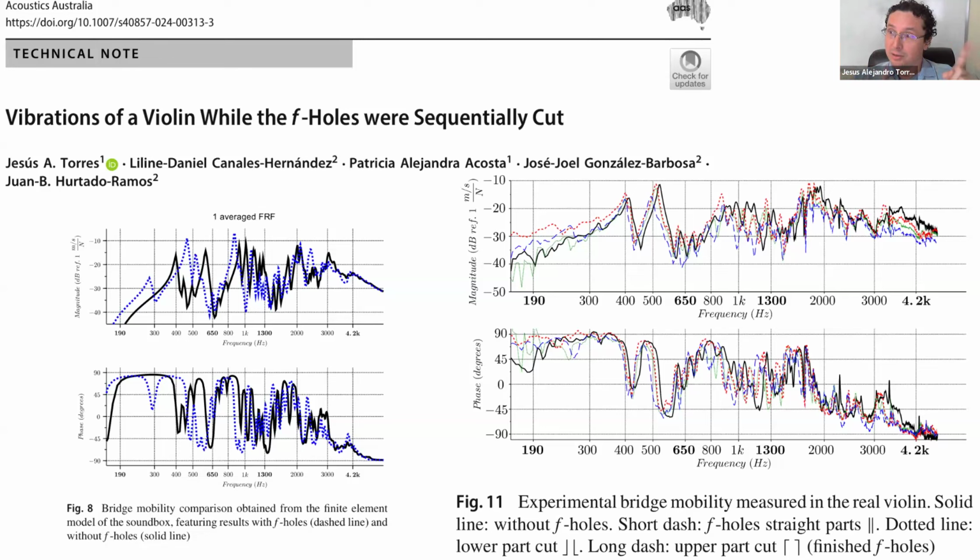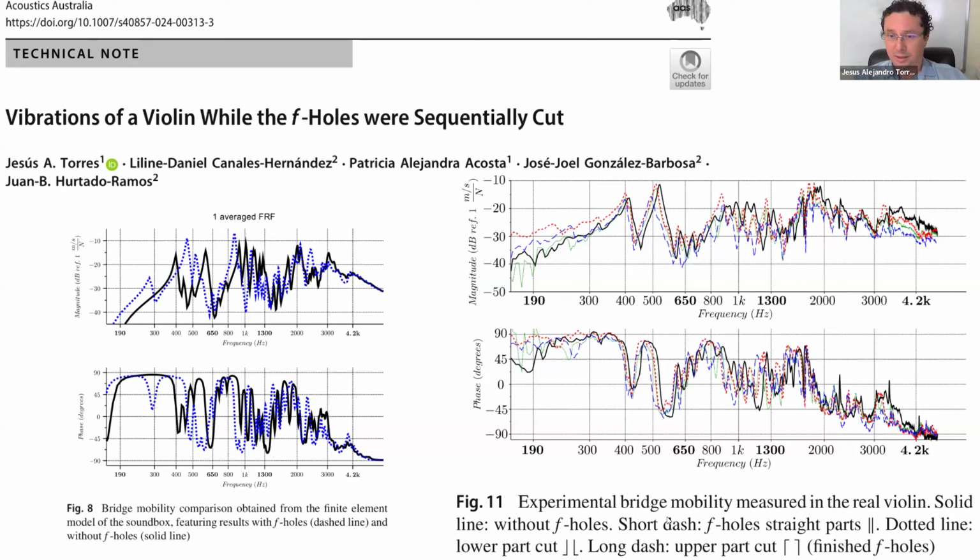But simulations denied this. We need to check this with experiments. And as you can see in figure 11, the bridge hill appears even without F-holes. Of course, when we are changing the F-holes step by step, we have some changes in the response.